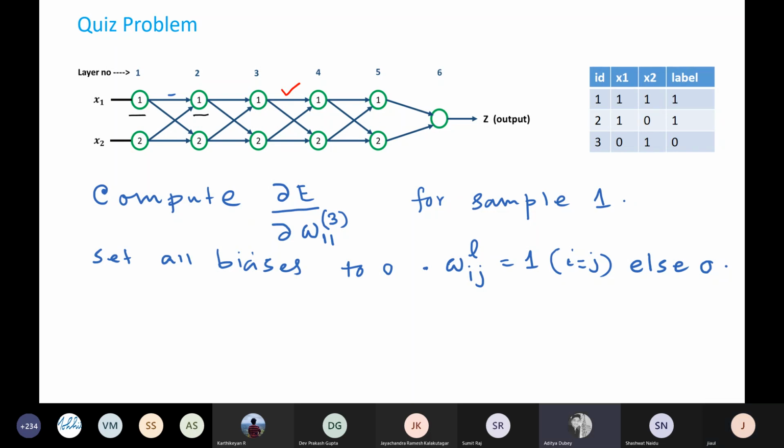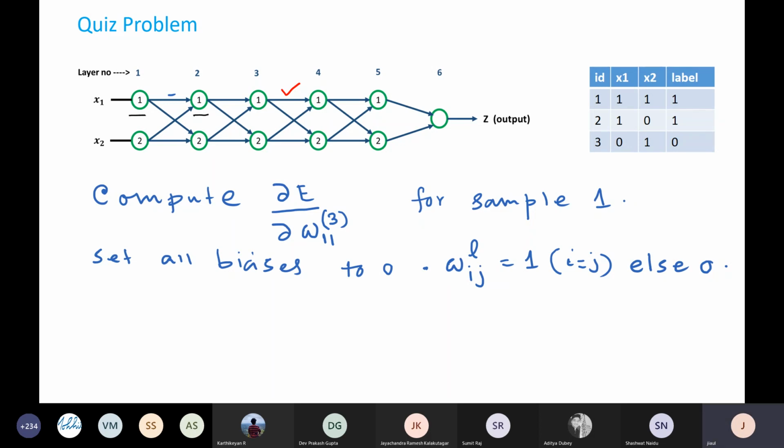Sir, firstly we'll calculate the loss, I think. Yeah, loss you already have, because once you took the forward pass, you know the Z, and you also have the label, so you can very easily compute the loss. For example, if you take the squared loss, it's not extremely challenging.